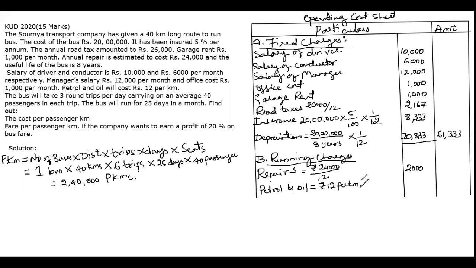But we don't know how many kilometers the bus has run. So in order to calculate that, we have to go for kilometer run. In my first slide of this topic, I have showed you all the formulas. Let's calculate kilometer run.